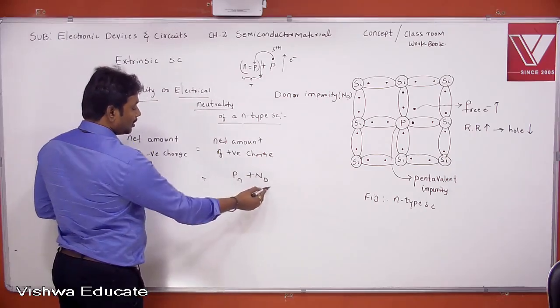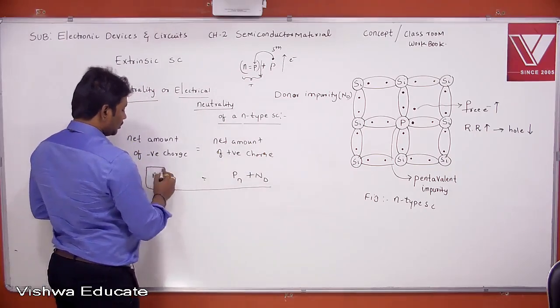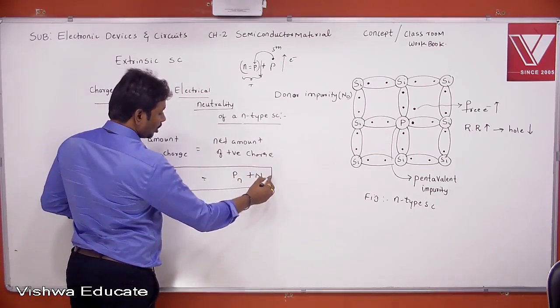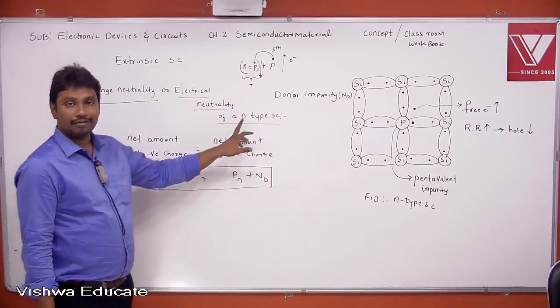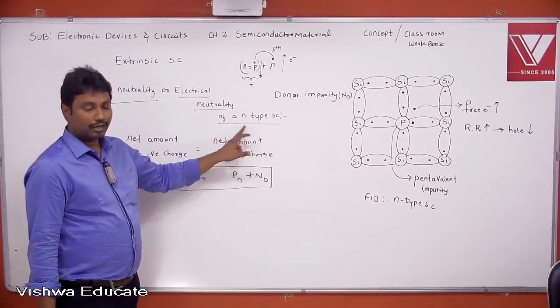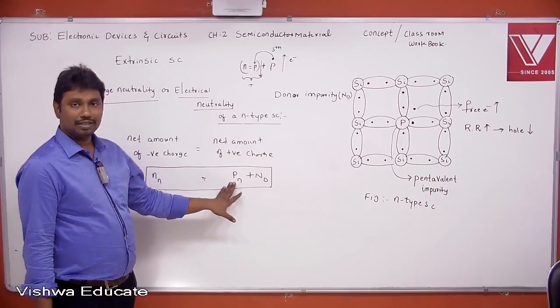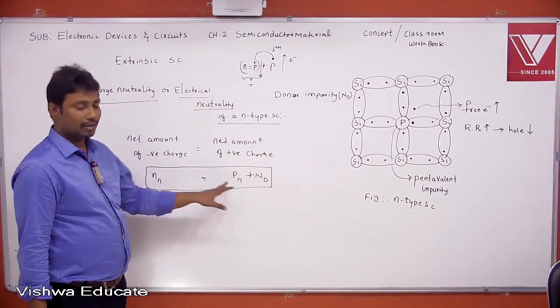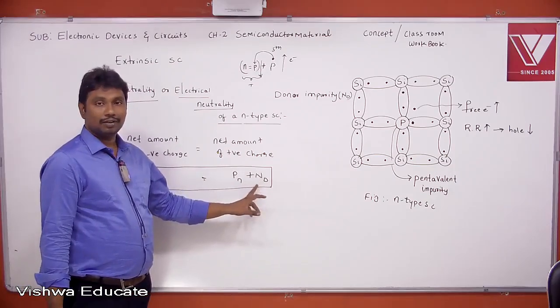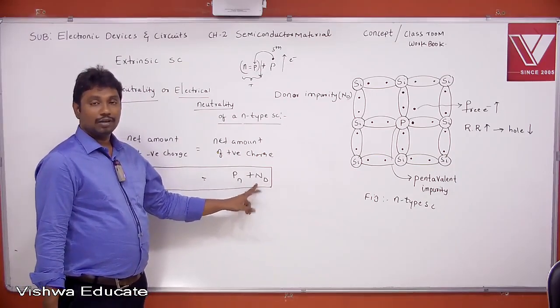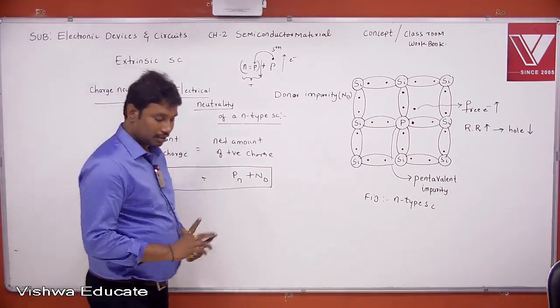Now, what is this equation? The charge neutrality or electrical neutrality equation of an n-type semiconductor. N equal to P is the charge neutrality equation for intrinsic semiconductor. N equal to P plus Nd is the charge neutrality equation for n-type semiconductor. Right.